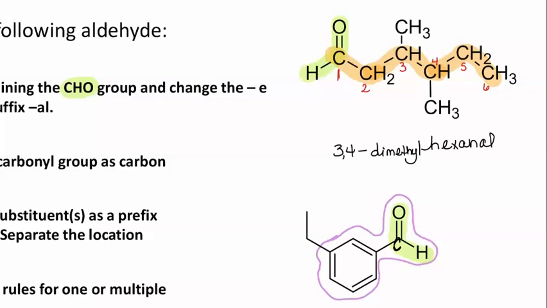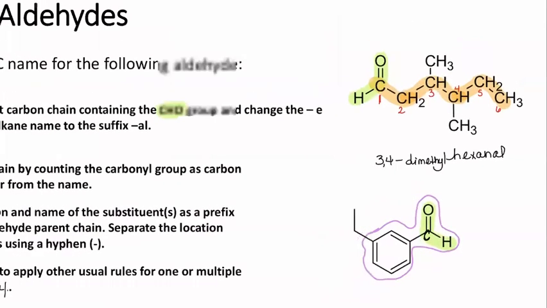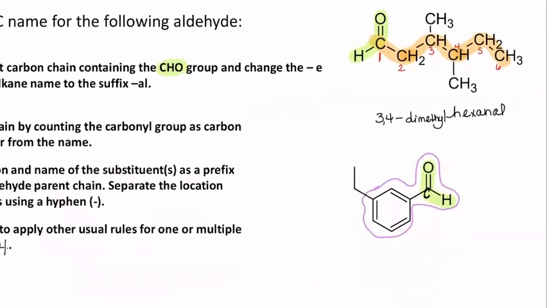A benzene ring attached to a CHO group. So that whole thing has a very specific name. And that specific name is benzaldehyde.